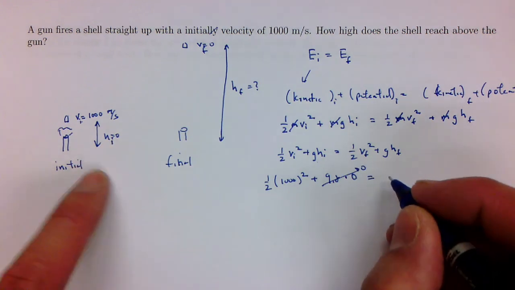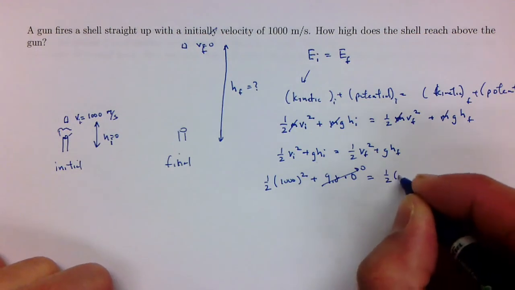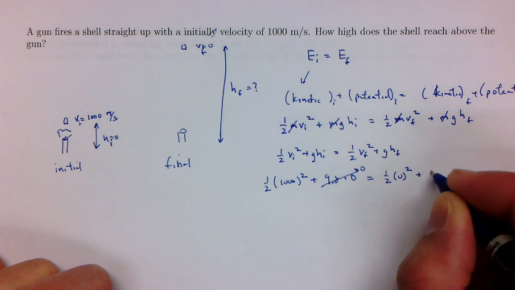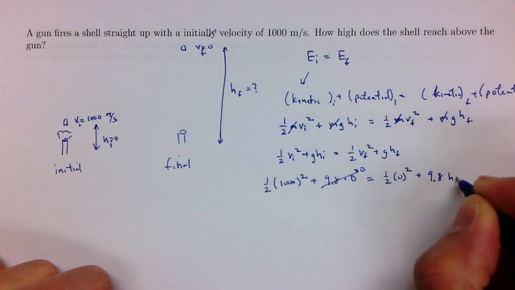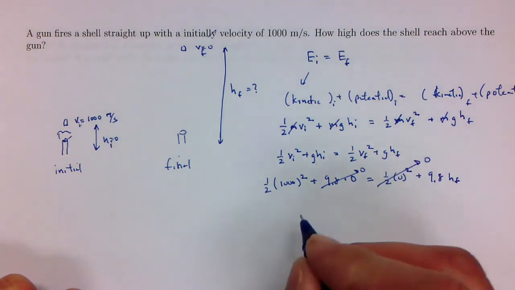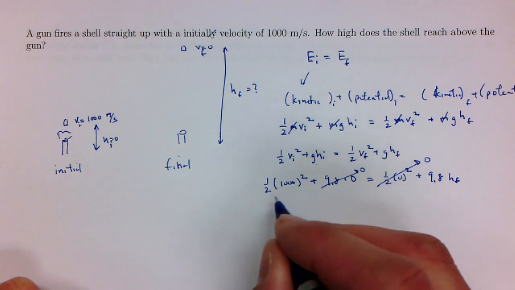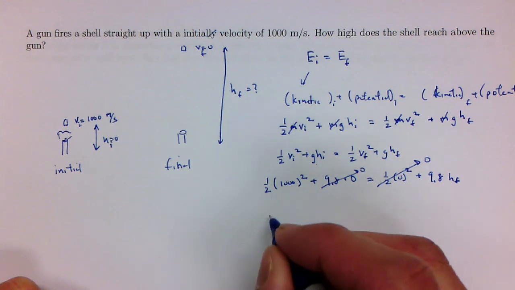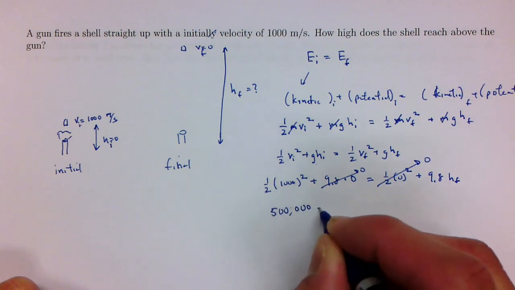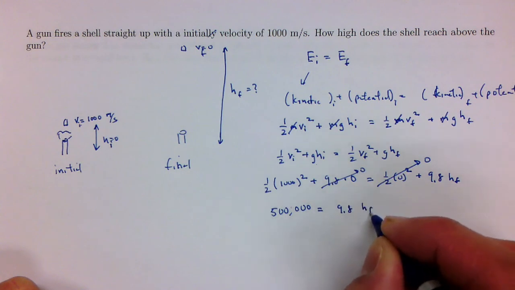And this is equal to the final velocity, which is 0, so 1/2 times 0 squared, which goes away to 0, plus 9.8 hf. Hence we're left with 1,000 squared, which is 1,000,000, divided by 2 is 500,000. So 500,000 is equal to 9.8 hf.